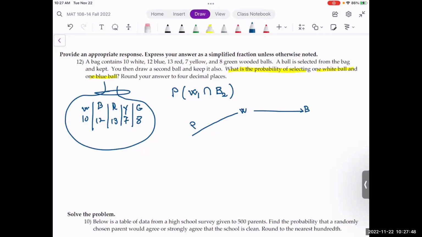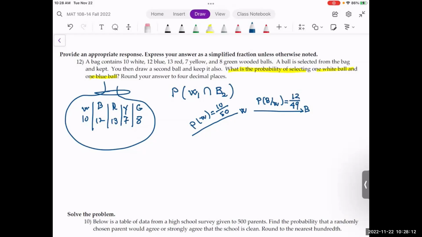So what's the probability of getting a white here? We have 10 out of how many in total? 10 out of 50. And then the probability of getting a blue given a white, that's going to be? How many blues do we have? 12. How many left? 49, right?